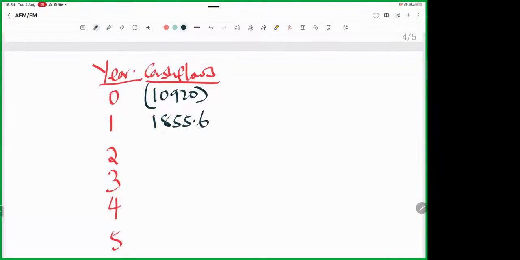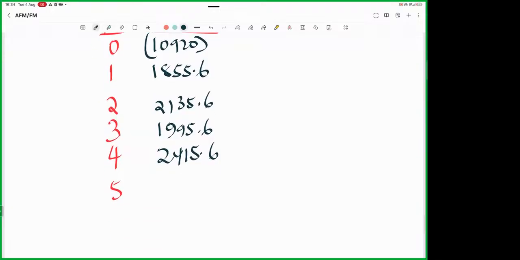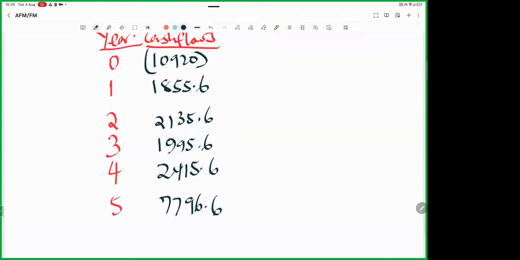It's a cash inflow. 2135.6. 1995.6. 2415.6. Don't forget the 5th year we have a new value of 7795.6.